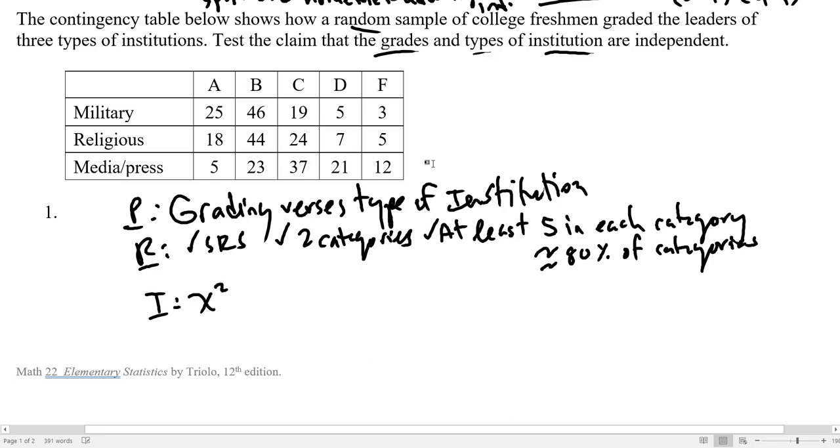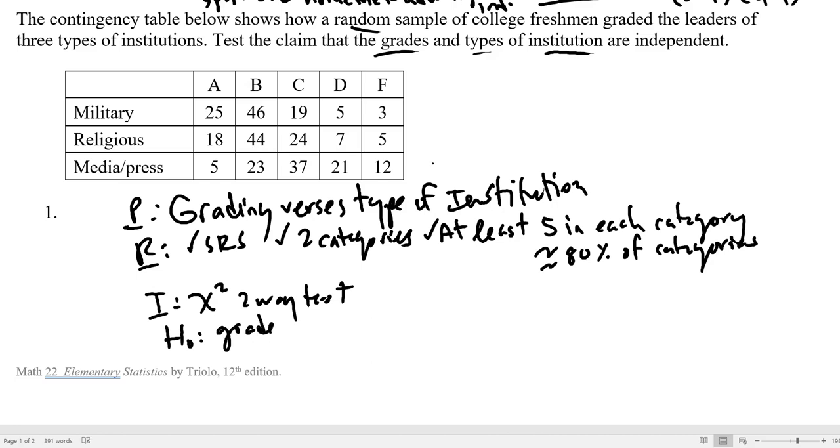Chi-squared. Not goodness of fit, not putting this as a row of data and then putting in the observed and the expected. That's different. This is called a two-way test or a test of independence. What's our null hypothesis? Grades and institution type are independent.